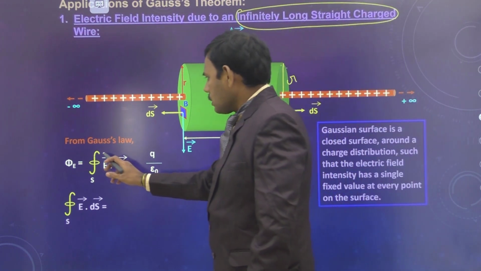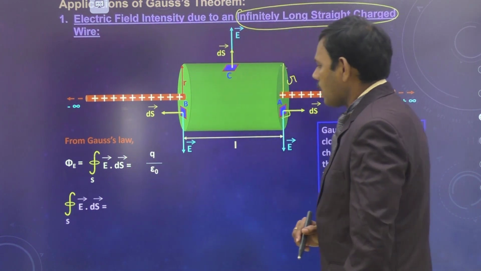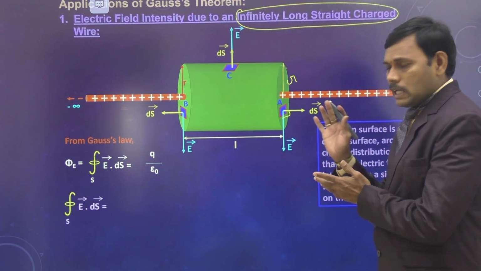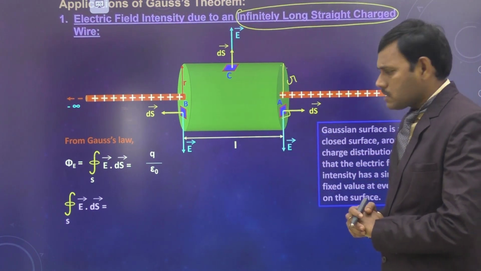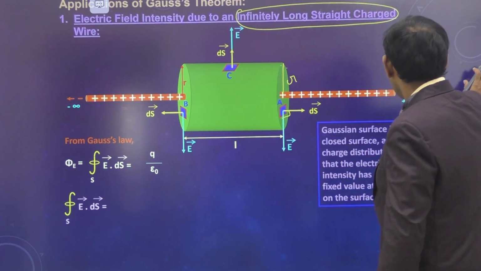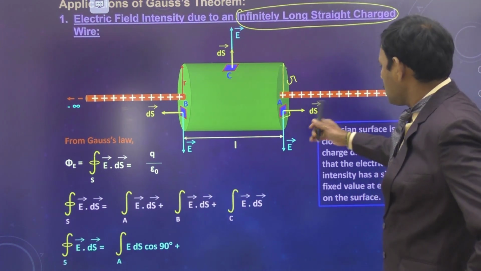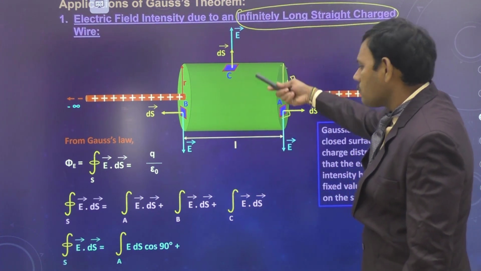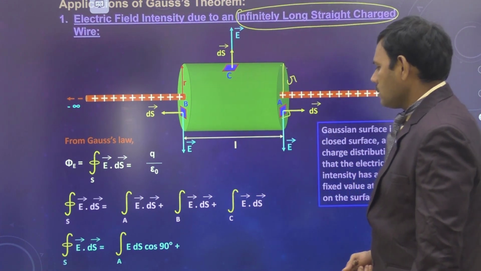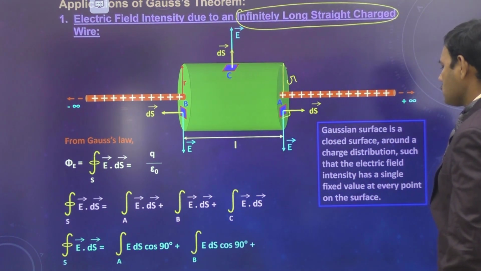So Gauss law: integral E bar dot ds bar is equal to q by epsilon naught. Total electric flux passing through any closed surface is 1 by epsilon naught times the total charge enclosed by the surface. As the flux through the flat surfaces cancels, only the flux through the curved surface is present. Therefore, integral E ds is the sum of the flux through the three surfaces.